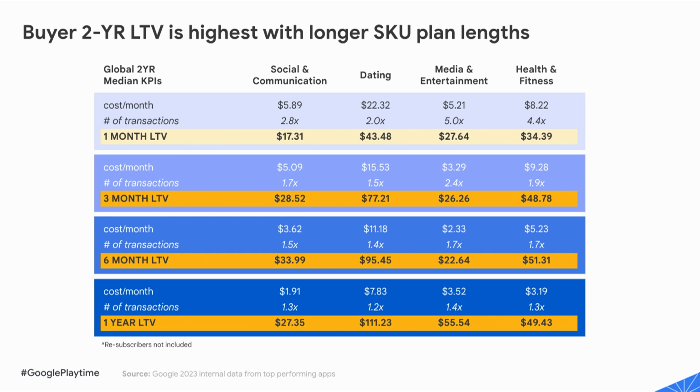So these global LTVs are looking at a cohort of users who made their initial purchase 2 years ago. And intuitively, the 3-month, 6-month, and annual plan LTVs are generally higher than the monthly plan LTV, which further highlights value in supporting additional plans.